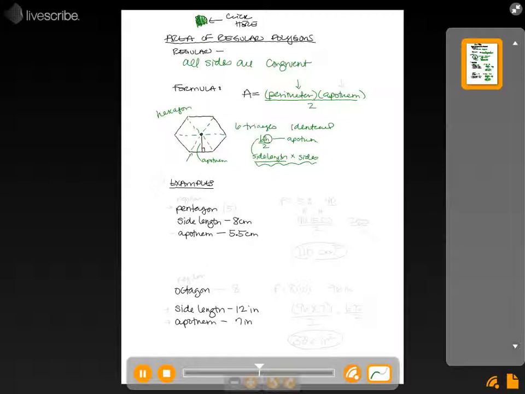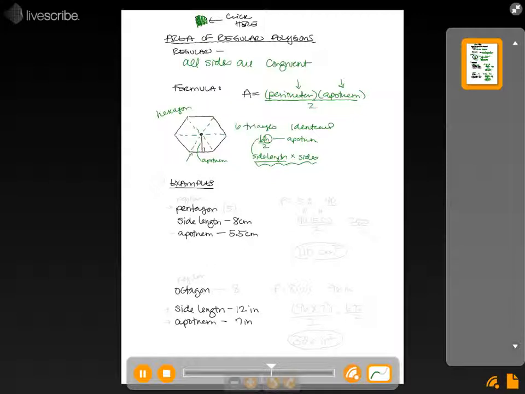The side length times the number of sides is the perimeter of our figure, and then the apothem would be the height, and that apothem is the same for every triangle since they're all identical. So we're making this very generic formula. Rather than find the area of each triangle separately, we're finding them all together. We could find each one separately, it just takes a little more work. So we do the perimeter times the apothem, and then we divide that by 2 because of the triangles that we split it into. So it's a pretty easy formula.